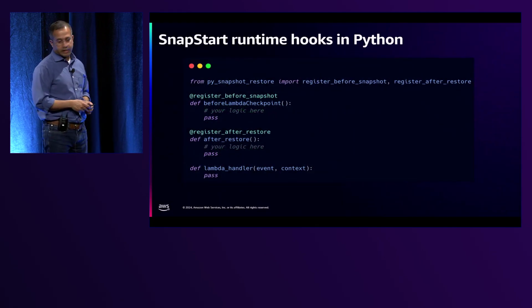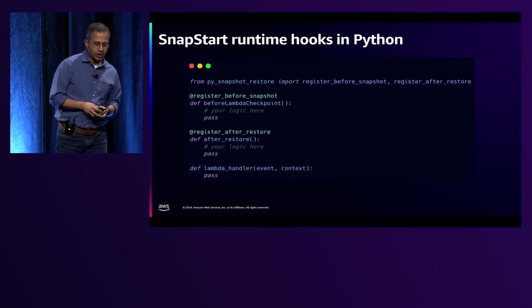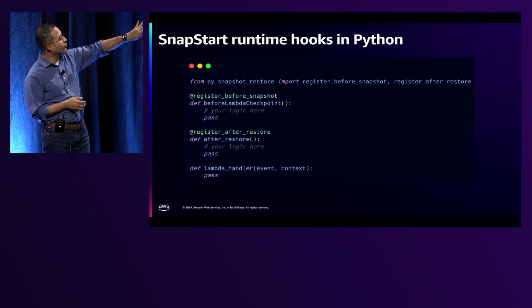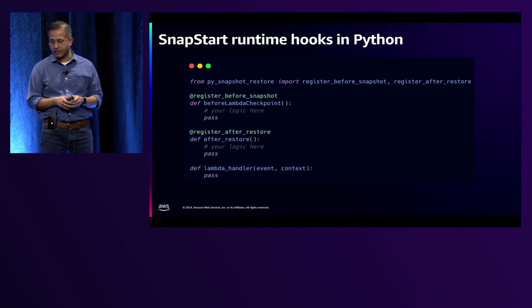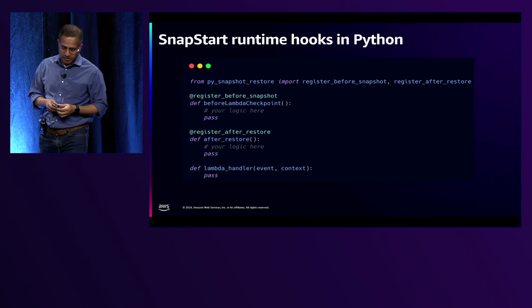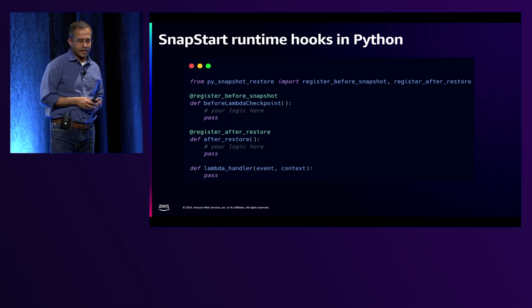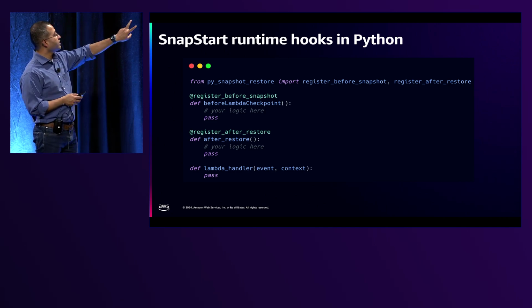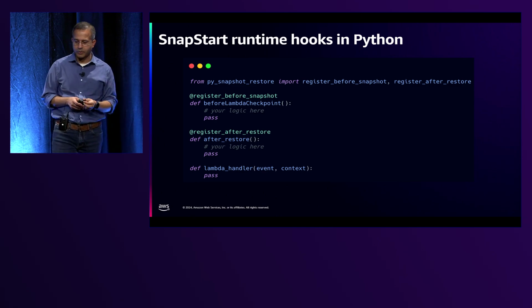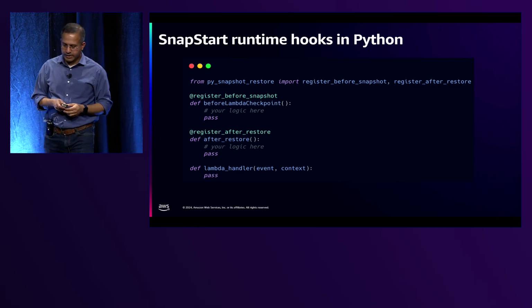I will continue on with an example where you can see that you've imported the before snapshot and after restore as part of the code, and then there is the logic that goes before the Lambda checkpoint and after restore between the two.